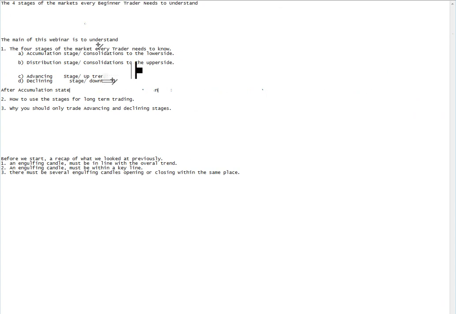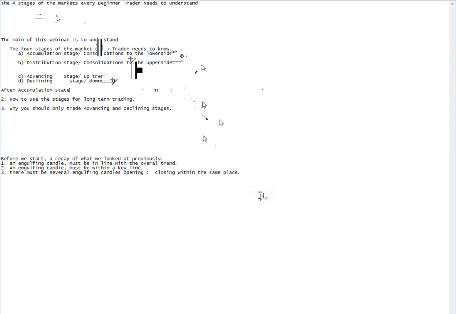We have the first one should be on top, which we've looked at, the accumulation stage. The very one on top should be the accumulation stage. Then after the accumulation stage, something like that. Then you go to the advancing stage, which should be somewhere here, and then the next one should be the distribution stage, and then the last one we have the declining stage.